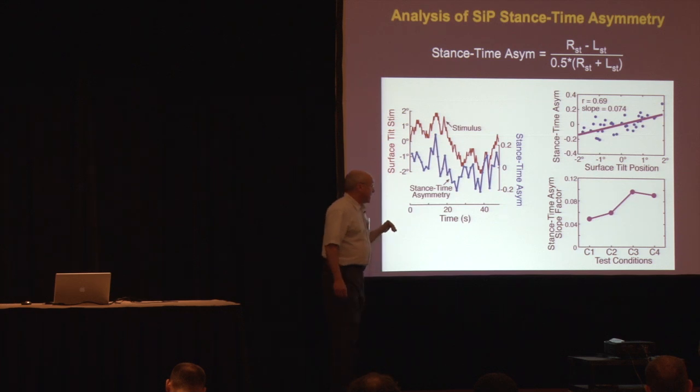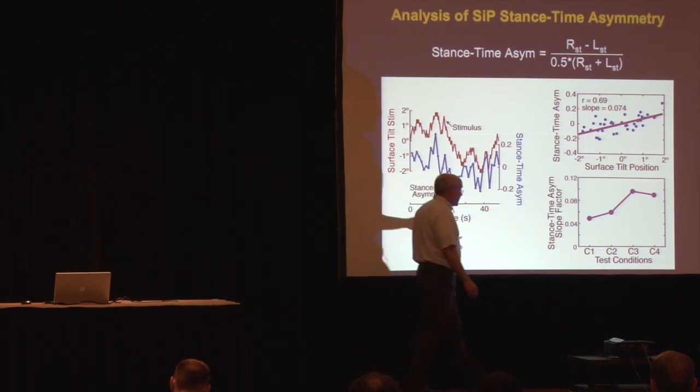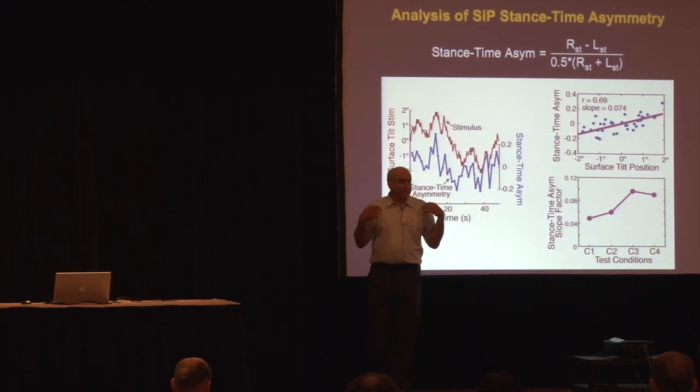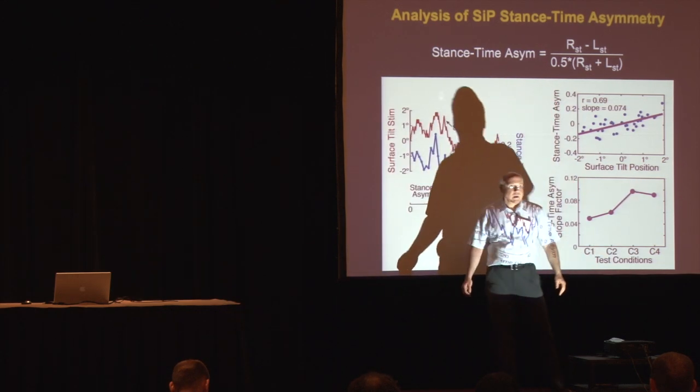So, first of all, suggesting that you are using ankle torque to control your balance during this test, and then when you take that away, you compensate for that by adjusting this step time asymmetry. And finally, the C4 condition was to have a backboard type thing, which would prevent upper body motion relative to the lower body to prevent this reactive correction, and that really didn't do anything.